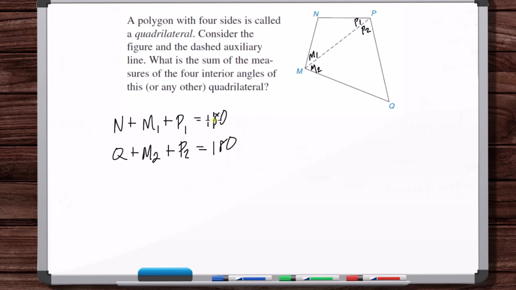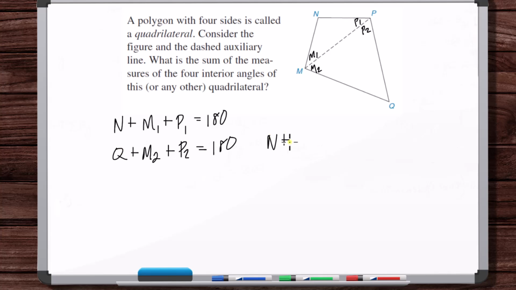Now these are both equal to 180, so maybe we can set them equal to each other. N plus M1 plus P1 is equal to Q plus M2 plus P2. Well, no, let's not do that. Let's sum these two.